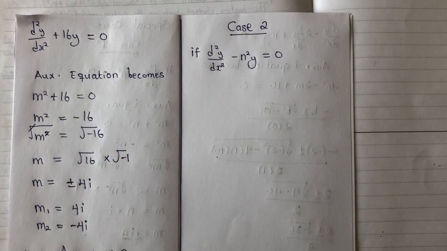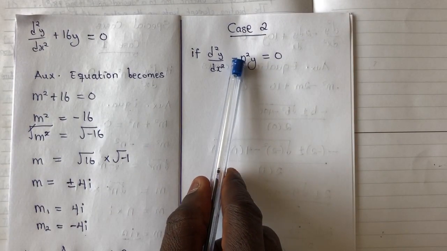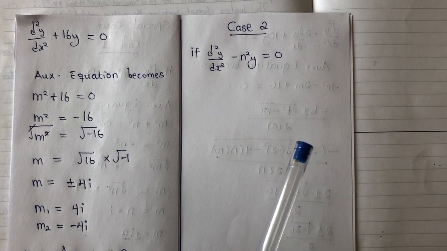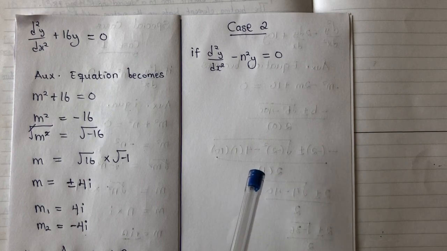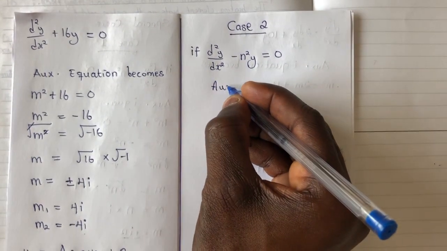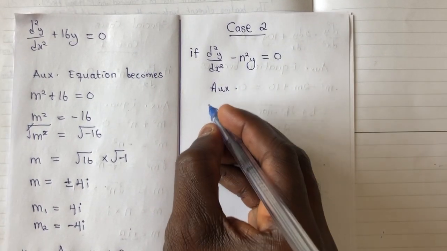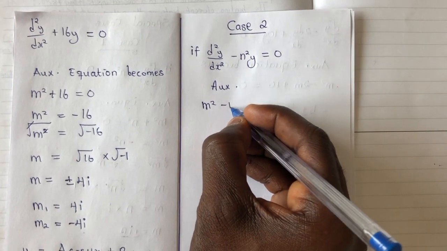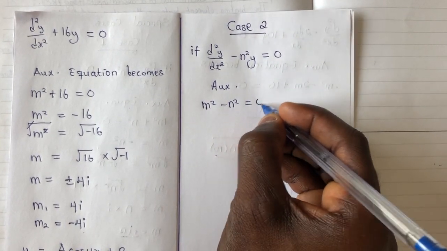Now, in case 2, the value here will be negative, so when you take it here, you produce a positive value, so that when you take the root, you get a real number giving you the root of m. So the auxiliary equation becomes m squared minus n squared equals 0.